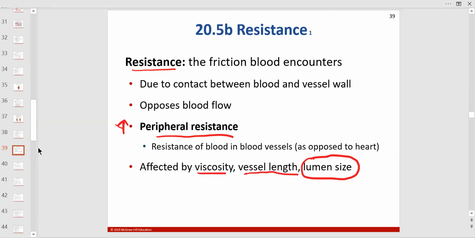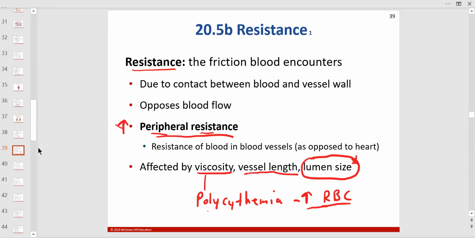And viscosity is the actual number of blood cells, like polycythemia, which is an increase in red blood cells, the opposite of anemia. That could gunk up the works and increase your peripheral vascular resistance and would increase your heart rate. But the lumen size has the most to do with this.